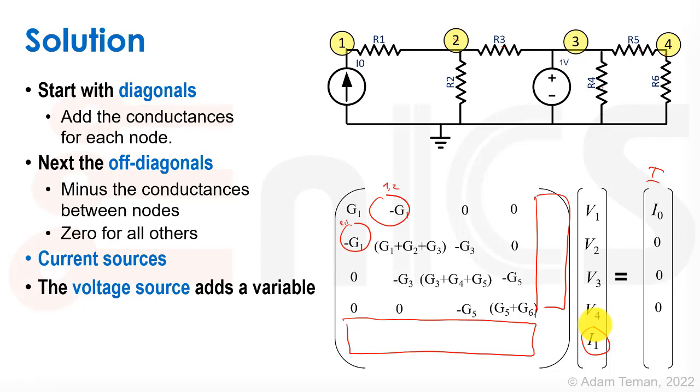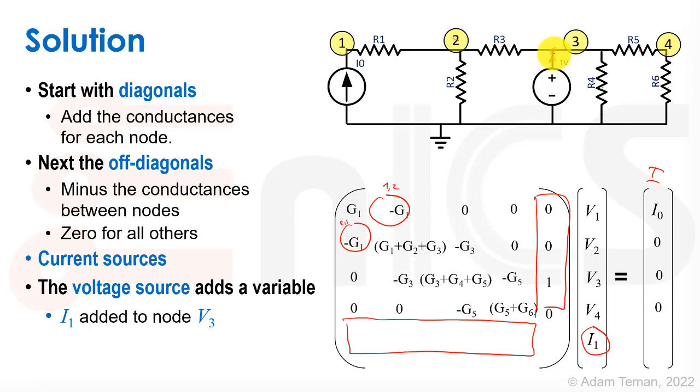Okay, but what do we know about the voltage source? So first of all, we have 1 times I1 added to node number 3. So I1 is going to be the current going out of the voltage source. So now we added a 1 over here, and 1 times I1 is going to be added to the KCL of node number 3.